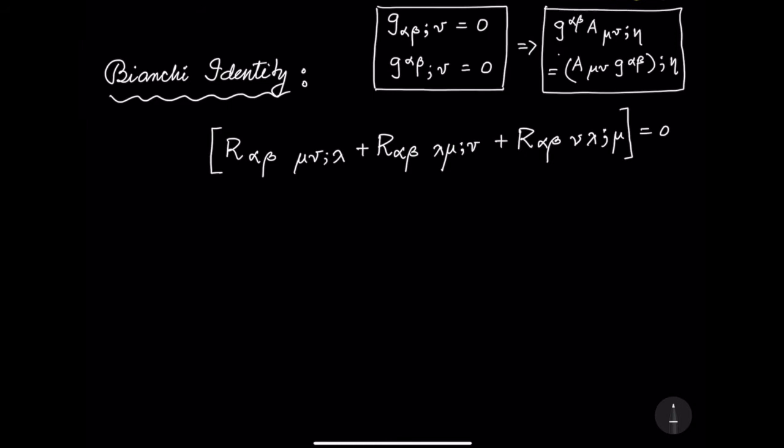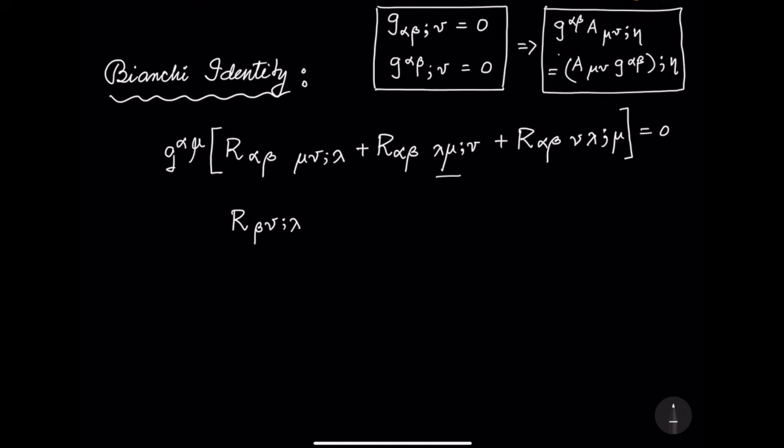Like for example, here I will multiply from outside with g^{alpha mu}. You see what it does to the first term. As the g comes inside, alpha goes upstairs, so that becomes a Ricci tensor. So it becomes R_{beta nu}. What about the next term? Well, if this was mu lambda instead of lambda mu, then again I will get a Ricci tensor.